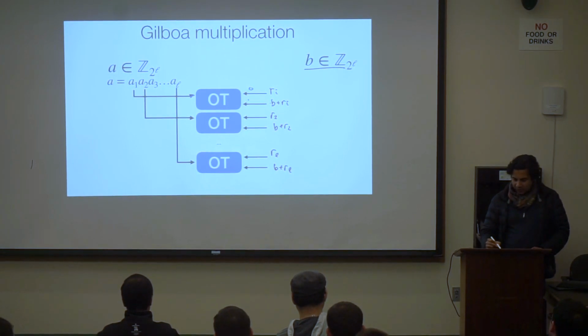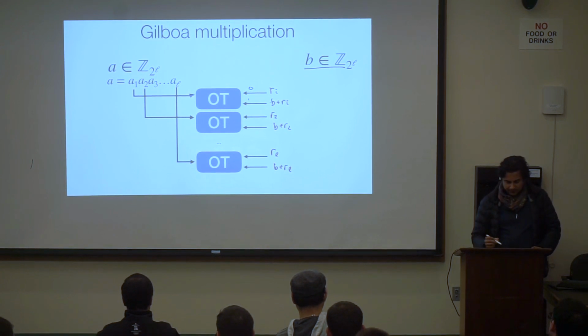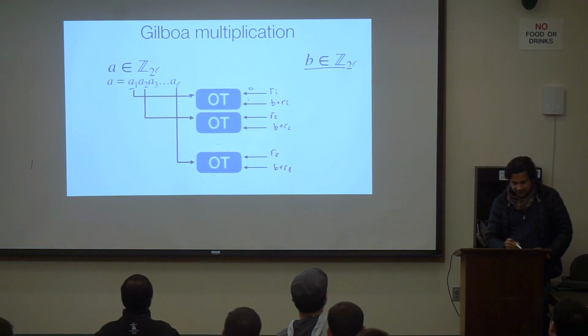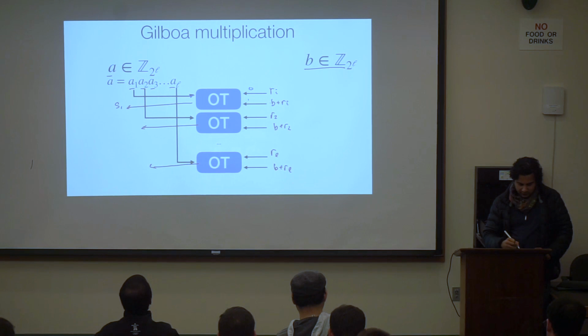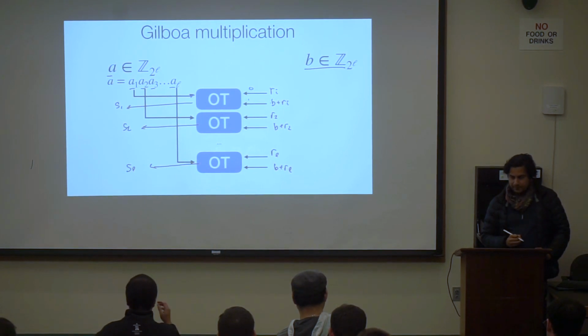So that's what one party puts as the inputs to the OT. And the other party takes their input, breaks it down into a bit decomposition, and uses each bit as the input to the OT. Okay? So the outputs we're going to get from this OT, let's call them S1, S2, all the way up to SL.